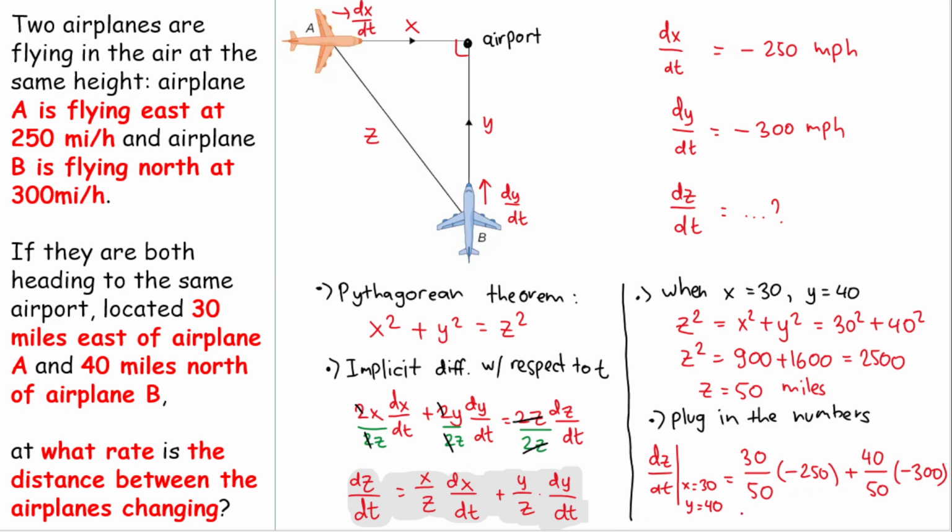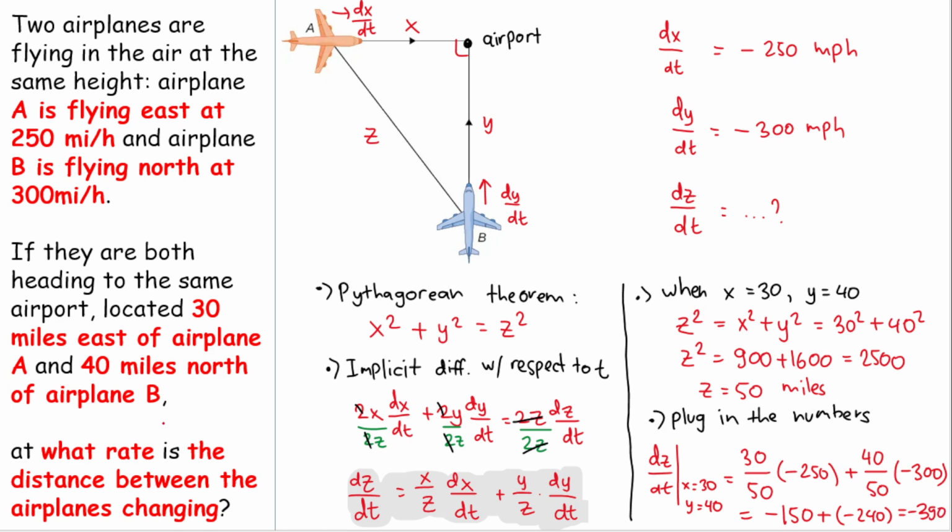This first term is 0.6 multiplied by minus 250, so we have minus 150, and then plus minus 240.